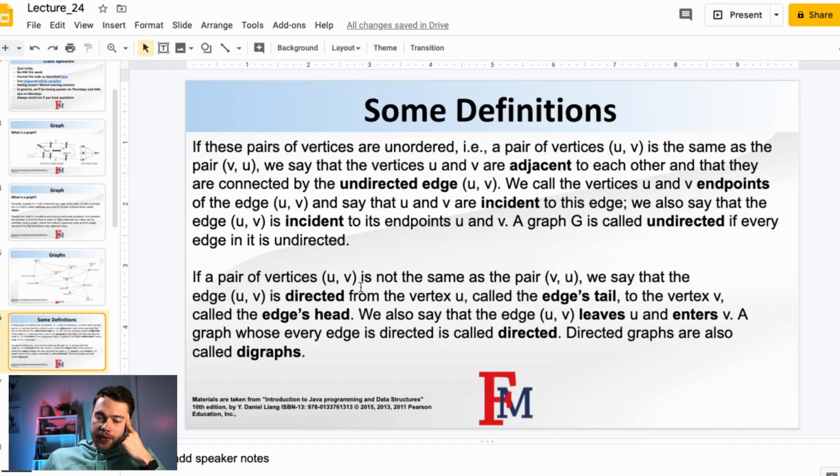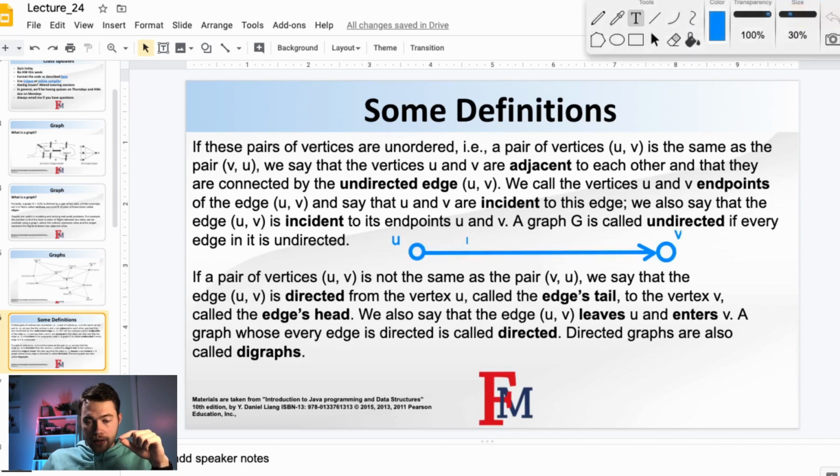If the pair of vertices UV is not the same as the pair VU, which means you can go from U to V, but you cannot go from V to U, that will be directed. Then we say that the edge UV is directed from the vertex U, which is called the edge's tail, like the ponytail or tail of any other animal, and vertex V is called the edge's head.